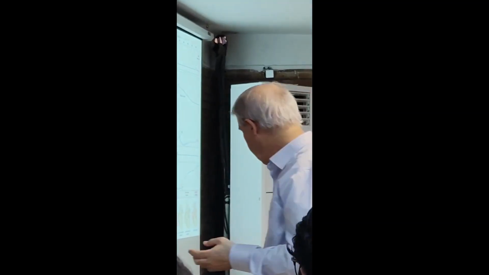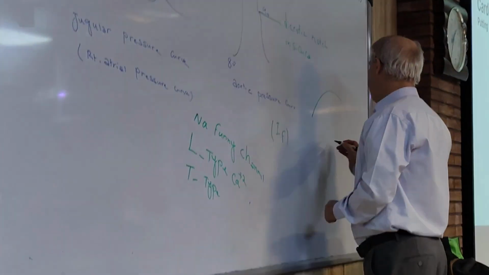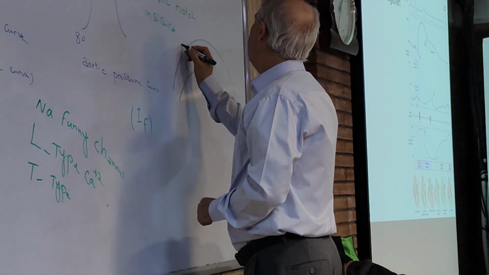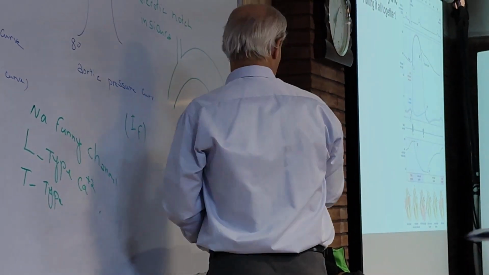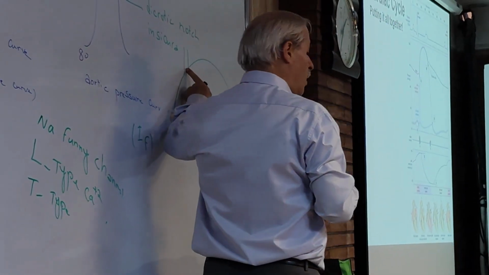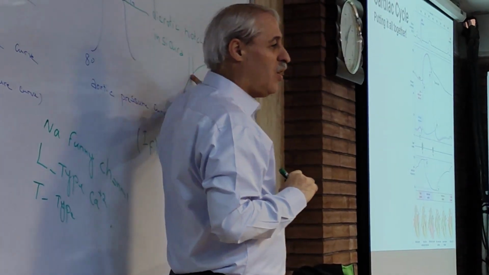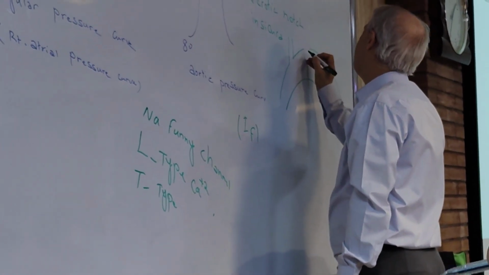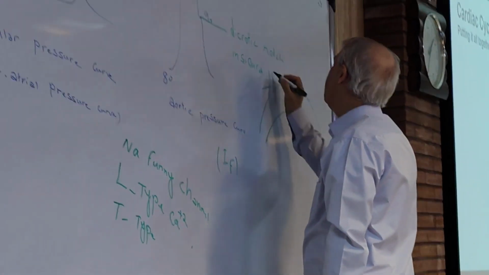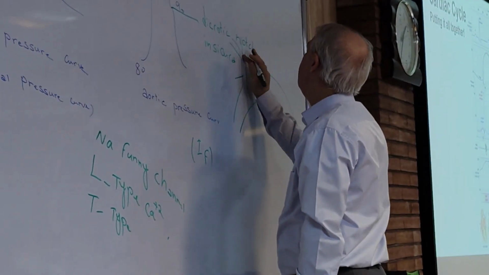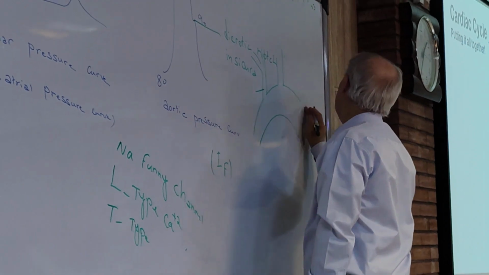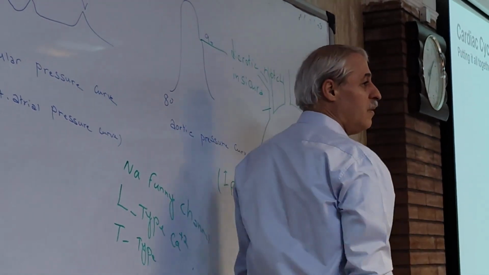See, suppose that this is the aorta. This is the aortic arch. In the arch, you will have the innominate or brachiocephalic, right common carotid, and this is the left common carotid, and this is the subclavian artery.